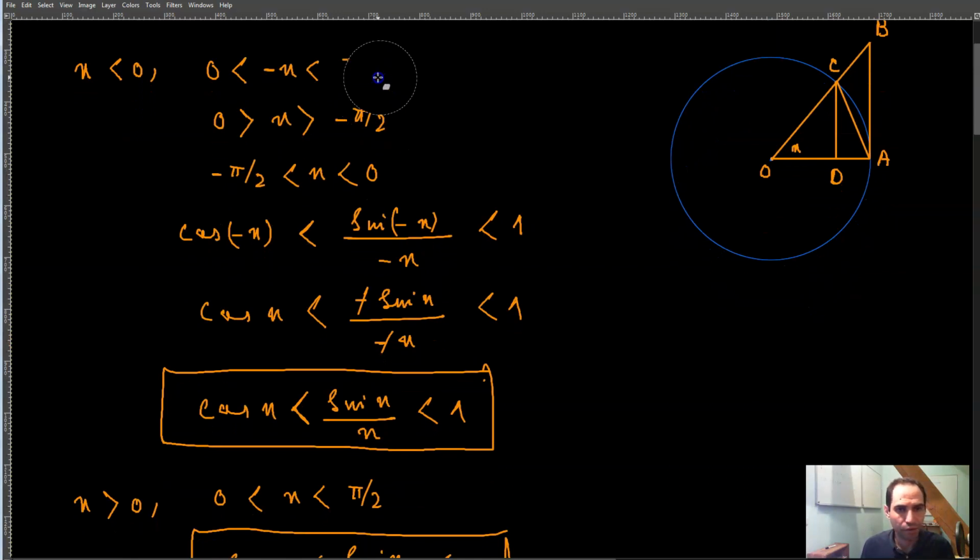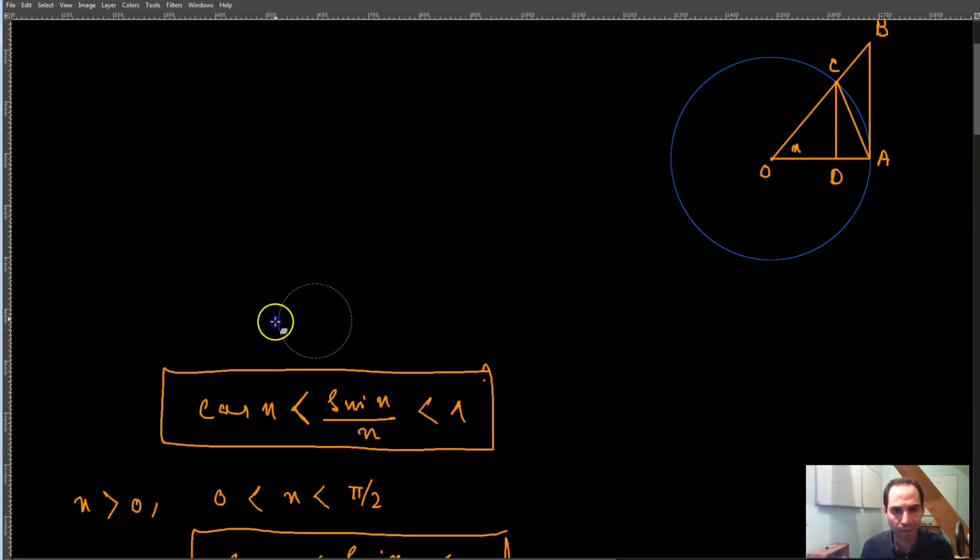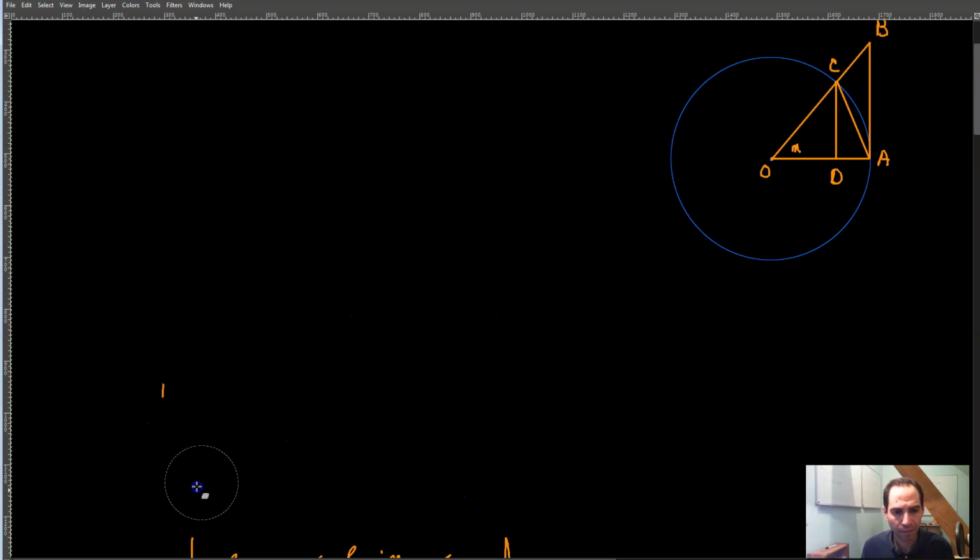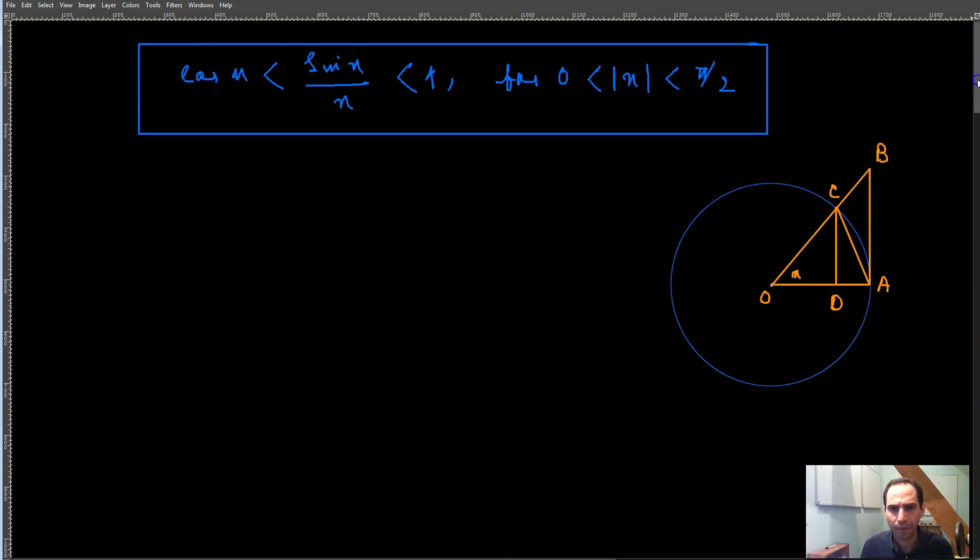Now, let me erase all of this, because we are proving the inequality for 0 less than x less than pi by 2.